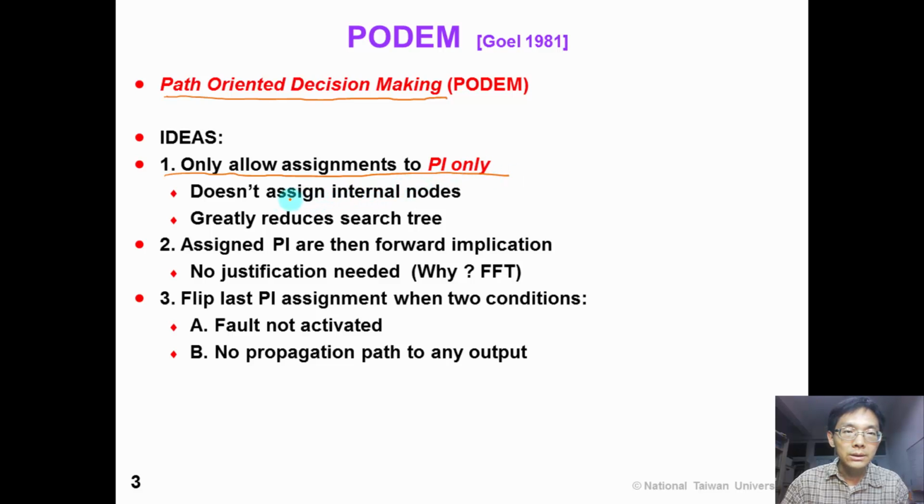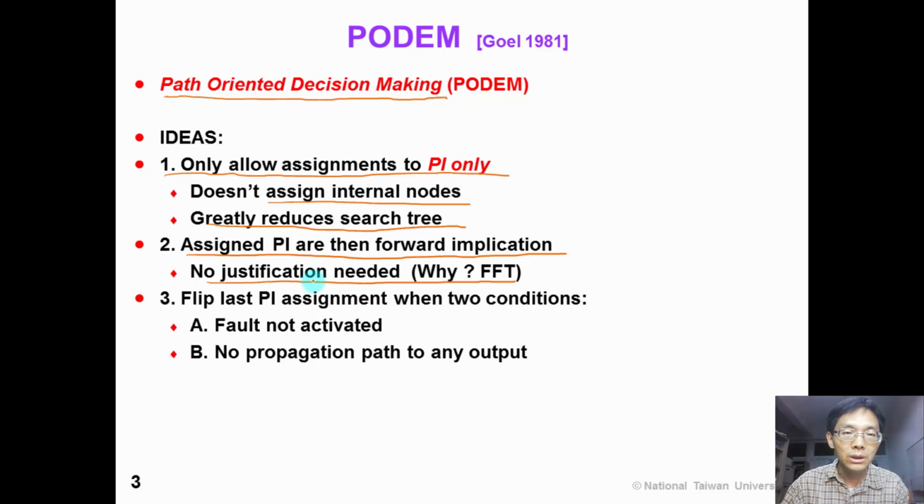It does not assign internal nodes, so this greatly reduces the search tree. Second, after assignment of primary input, we perform forward implication, so there is no justification needed. What is the reason? Please think about it.